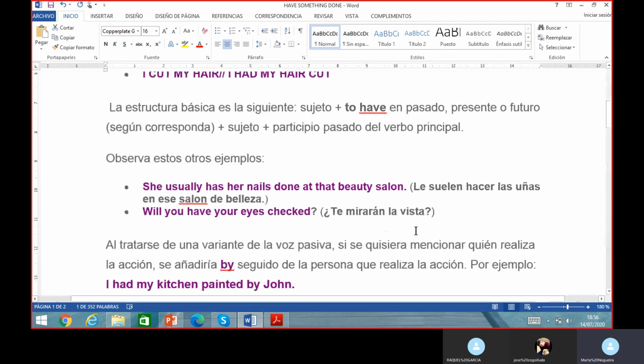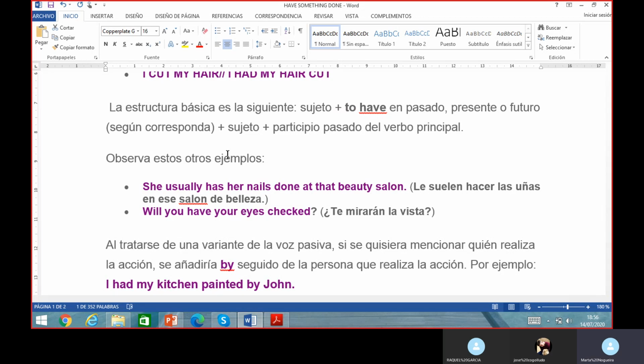Let's see more examples. I'm going to pass to you this document, okay? So don't worry if I go too fast. You know that I like to explain the theory fast because maybe you like this, but maybe you can get bored. So she usually has her nails done at that beauty salon.